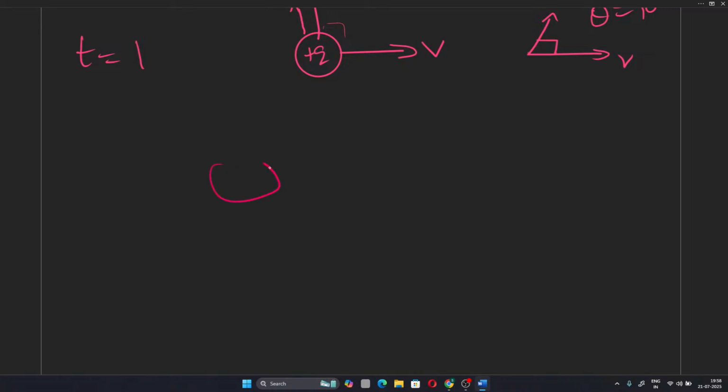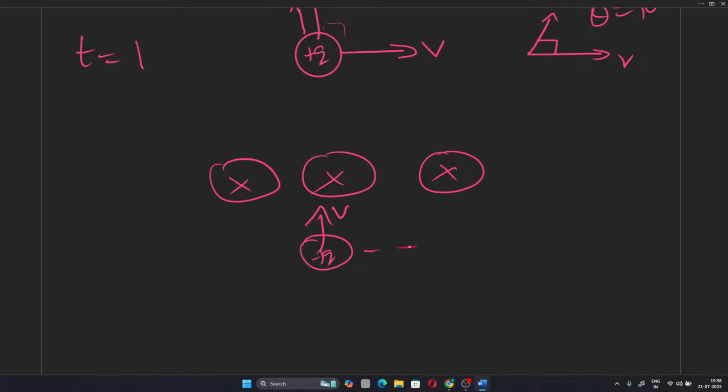Now let's assume there is a second case, the same magnetic field, and the particle has changed its direction of velocity like this. It shifted like this because the force was acting in this direction.